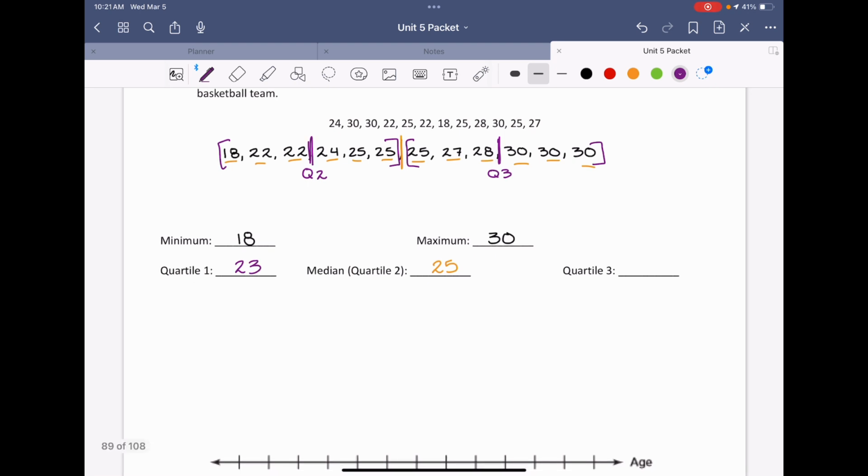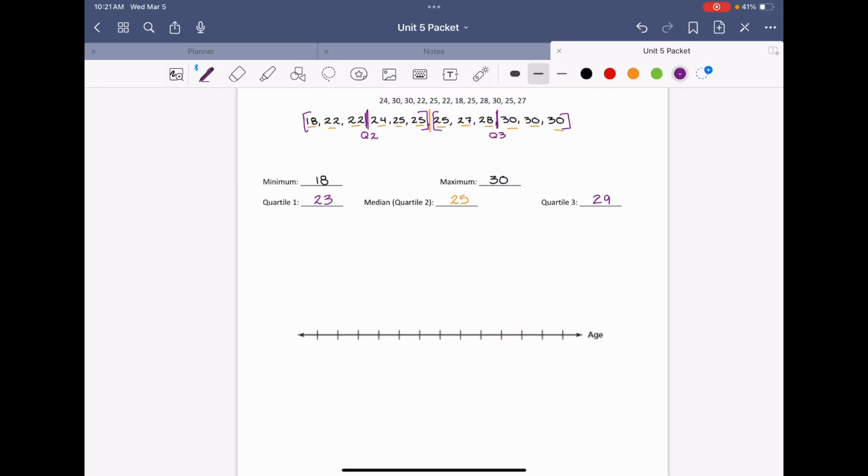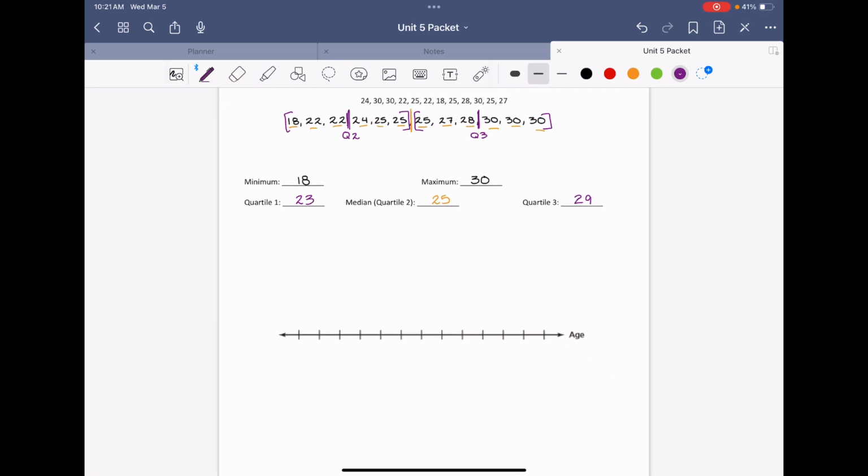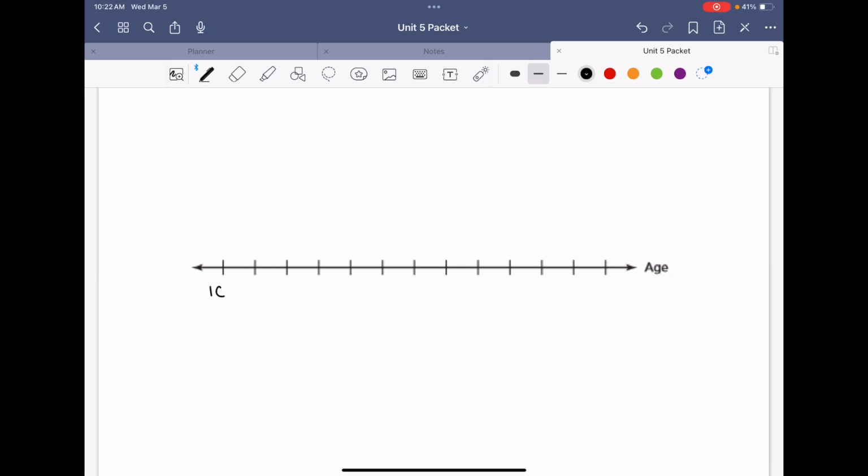Halfway between 28 and 30 should be 29. You have to actually create this. So I counted up by 2s and I started at 10. So 10, 12, 14, 16, 18, 20, 22, 24, 26, 28, 30, 32, 34.